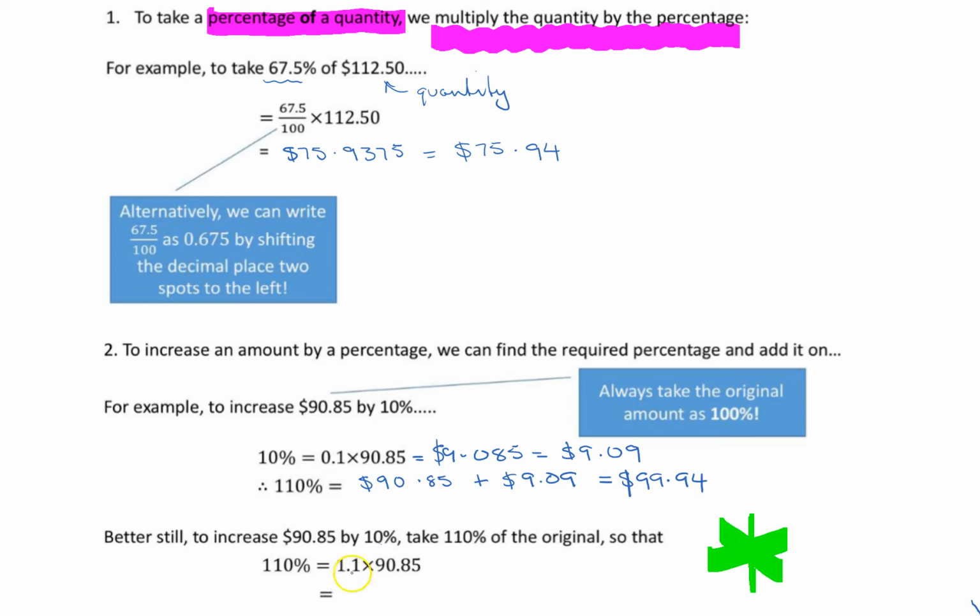Anyone wondering where the 1.1 comes from, we've changed the 110% to a decimal. 110% is 110 out of 100, and the decimal is, move the decimal point back 2 places, so as a decimal it is 1.1.